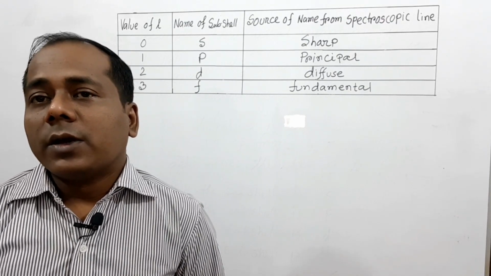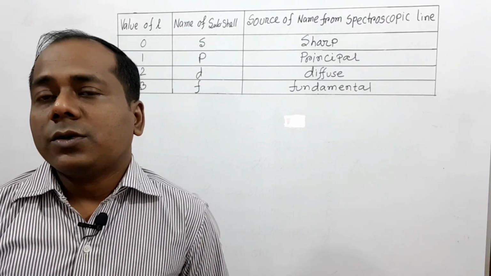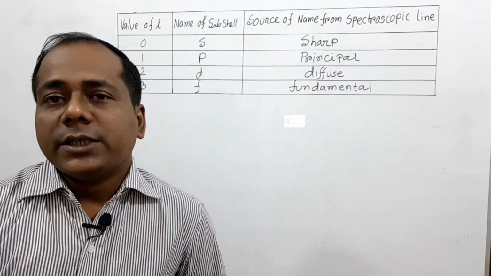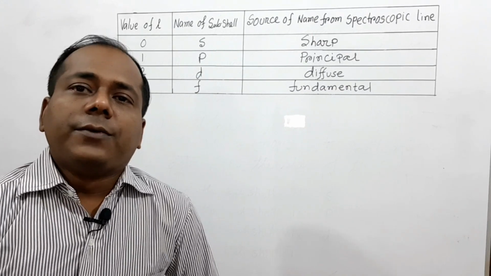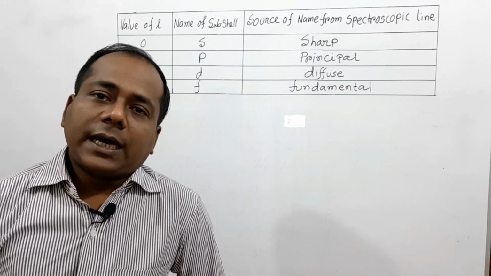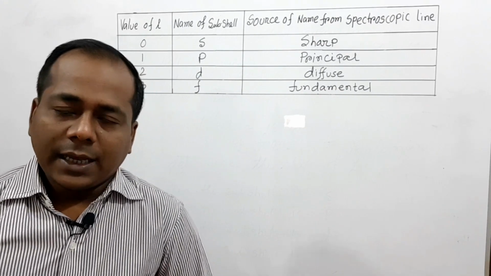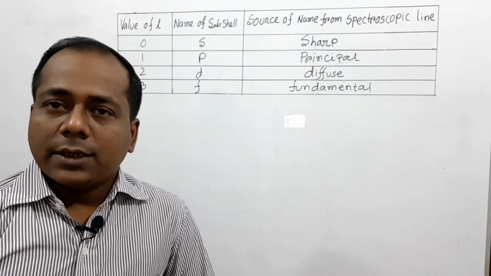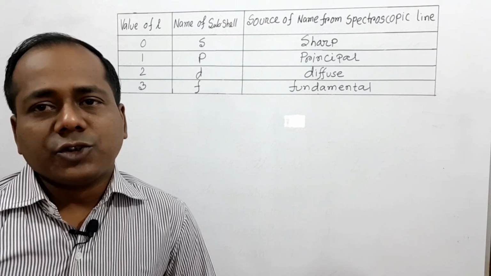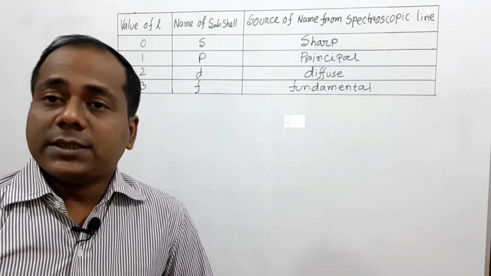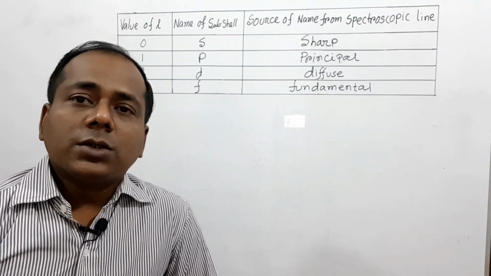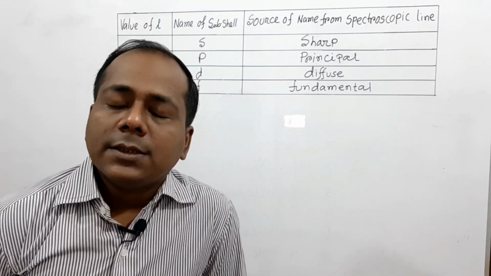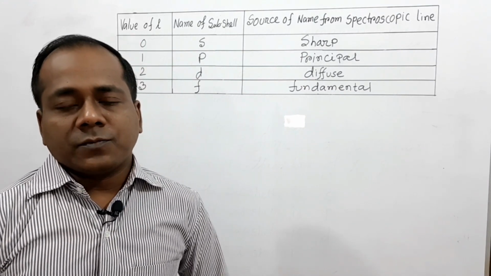When value of L equals 2, the name of subshell is D, and source of name from spectroscopic line is diffuse. And when value of L equals 3, name of subshell is F, and source of name from spectroscopic line is fundamental.